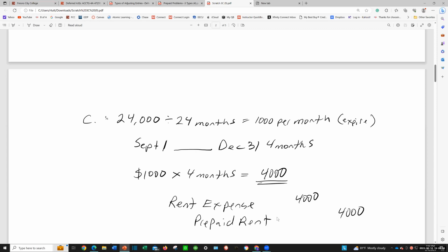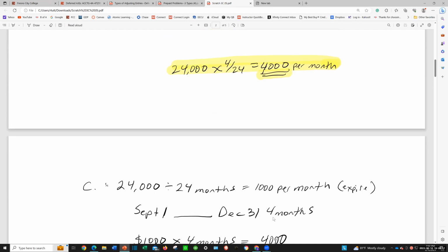Now, I'm going to give you another way of doing this. This is my preferred method, and I like the fraction thing, and I think you might like it too if you get used to it. We know that we prepaid $24,000 for 24 months. So how much did we use? 4 out of the 12 months.